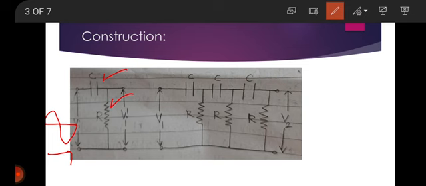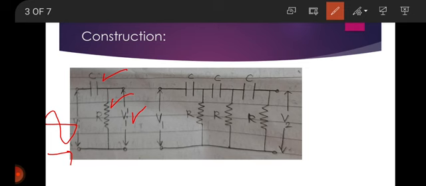So the alternating voltage V I dash across R leads the applied voltage by an angle phi. Therefore, the value of phi depends on R and C.